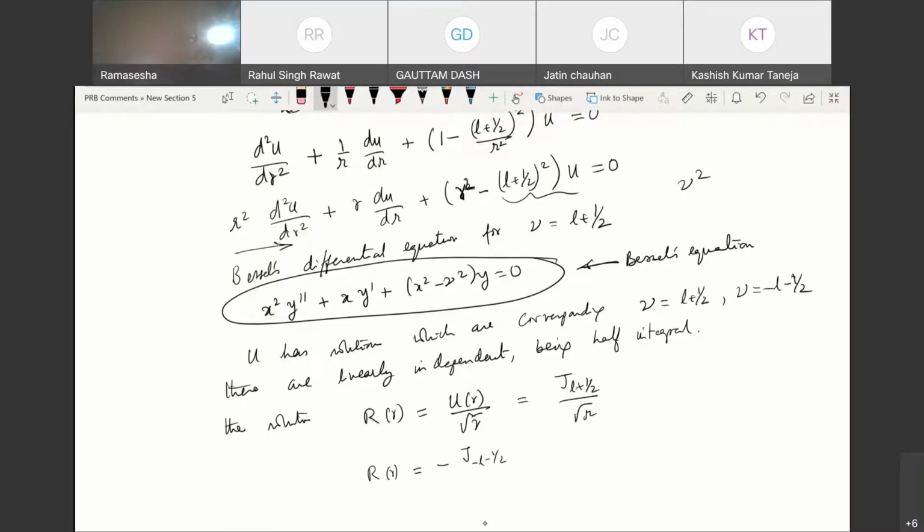And this is called a spherical Bessel function. And this one is called the spherical Neumann function, which is N L of r.